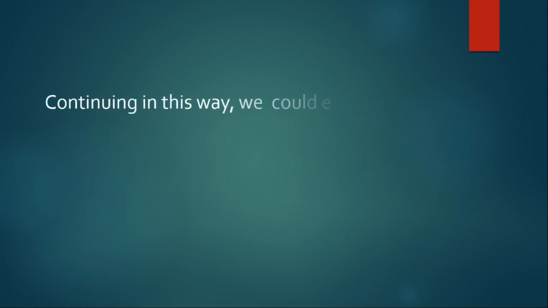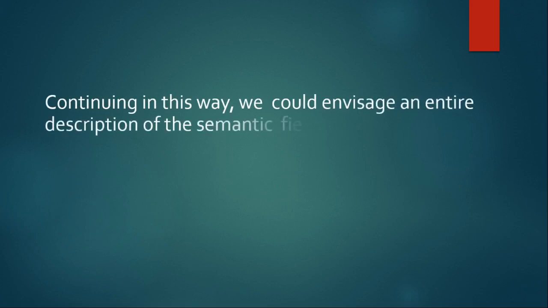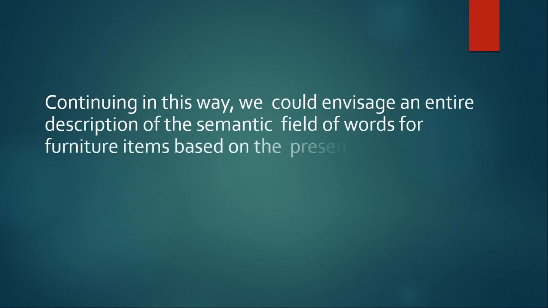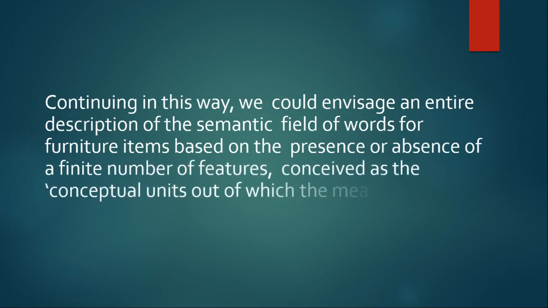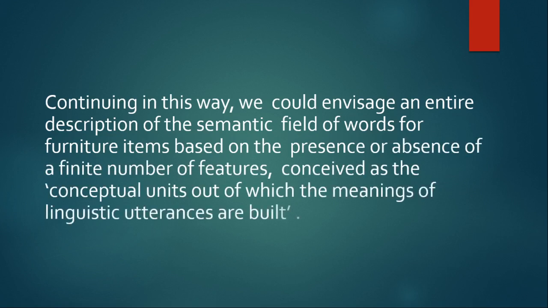Continuing in this way, we could envisage an entire description of the semantic field of words for furniture items based on the presence or absence of a finite number of features, conceived as the conceptual units out of which the meanings of linguistic utterances are built.